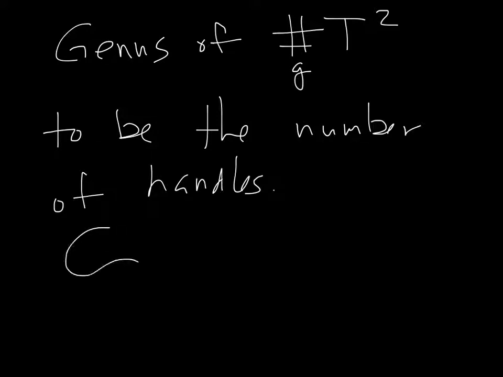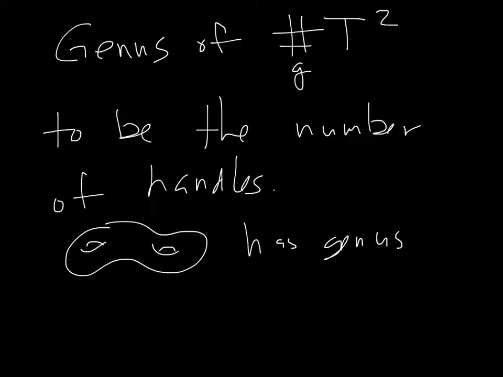So for example, the dog bone shape has genus 2 because it has two different handles, one here and one right there.